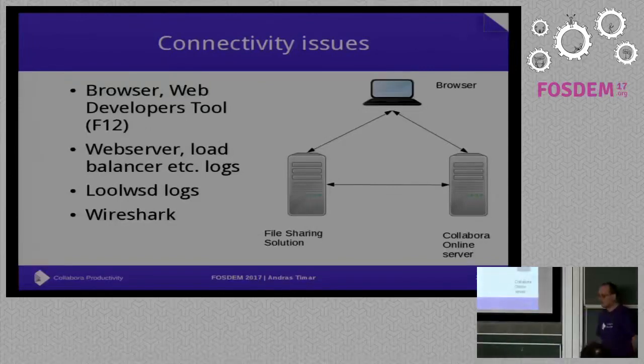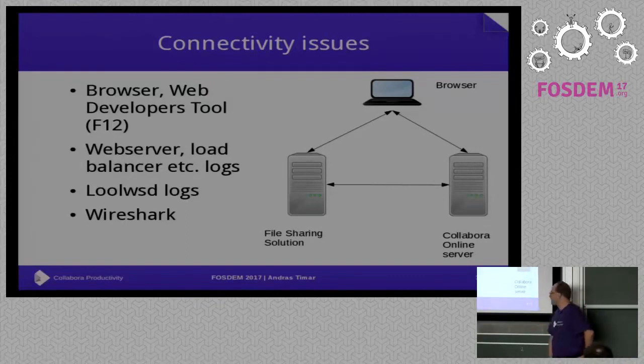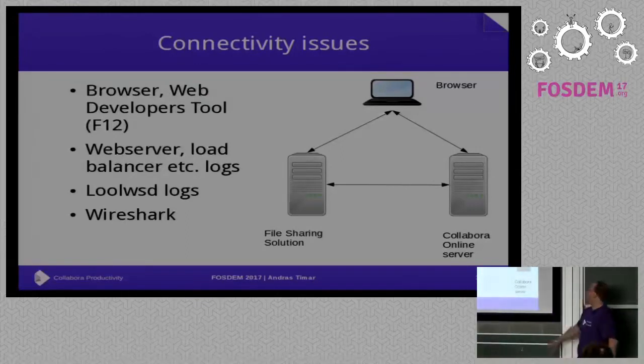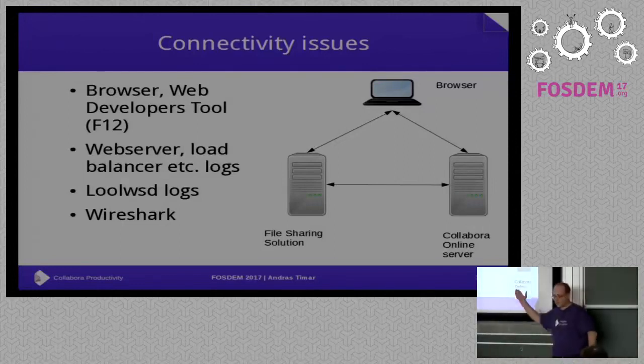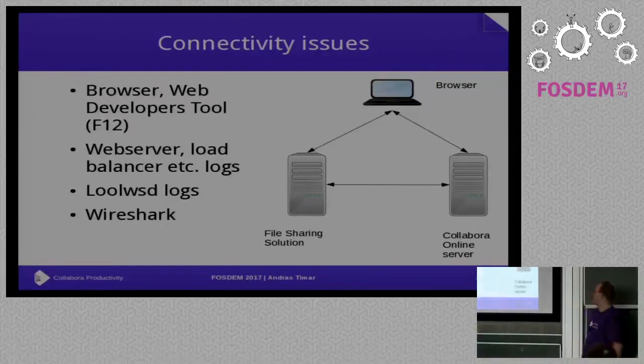The next big topic is the connectivity problems. I present here a very simple setup where we have the browser, the user. The browser logs in to a file sharing solution where the files are in the cloud.